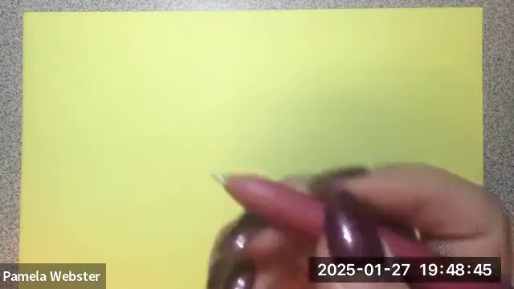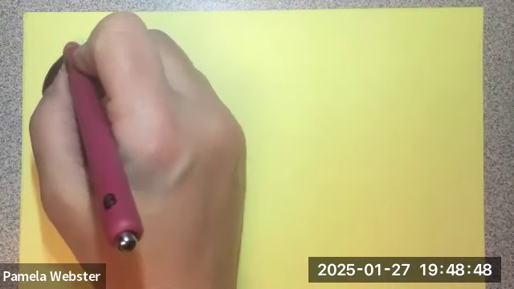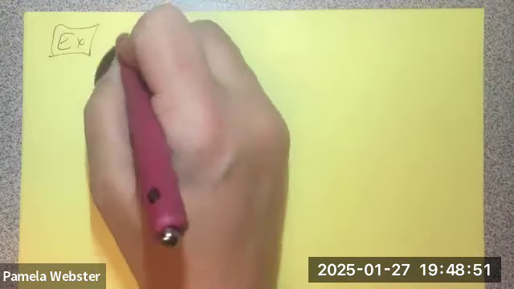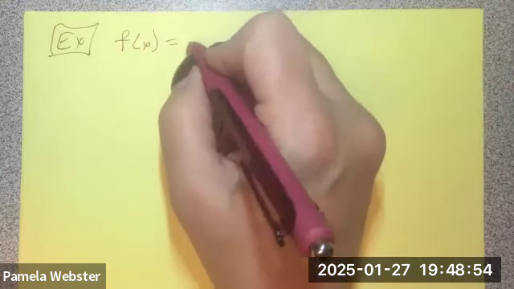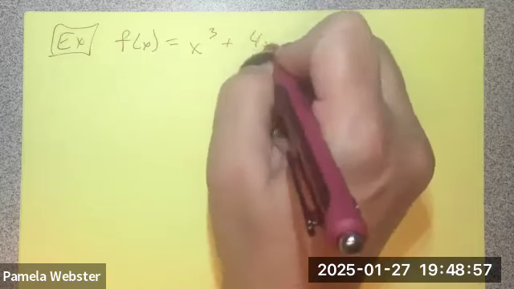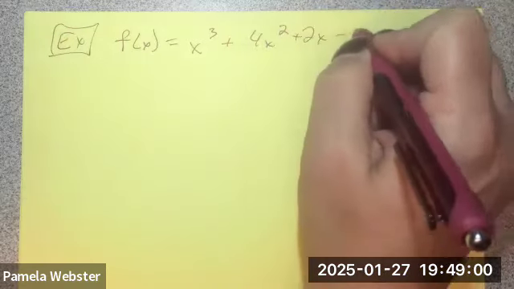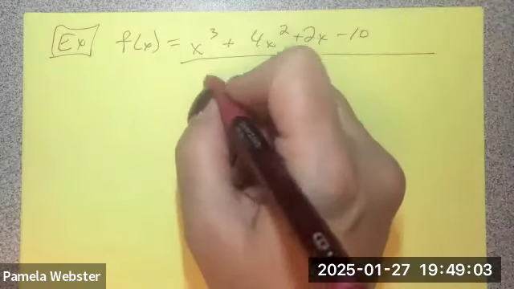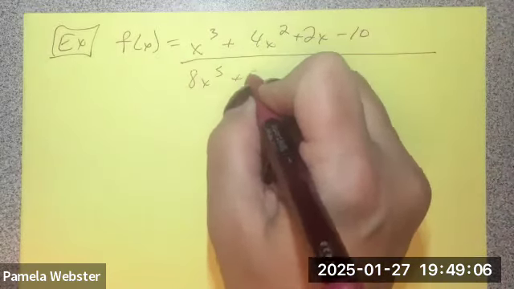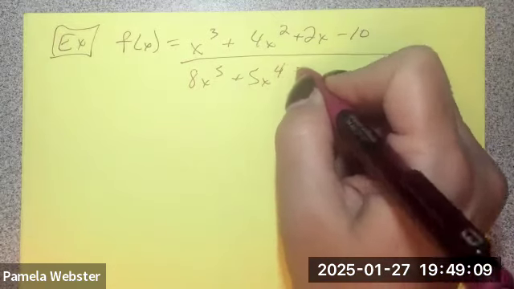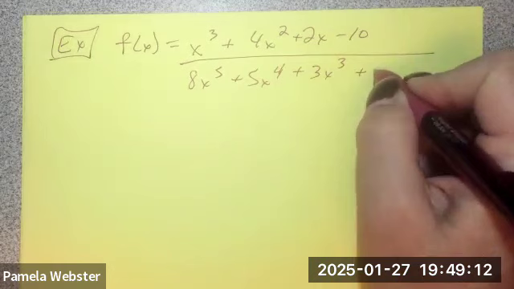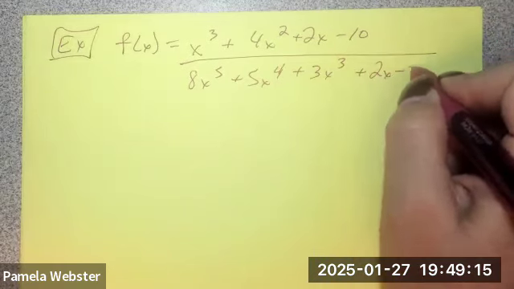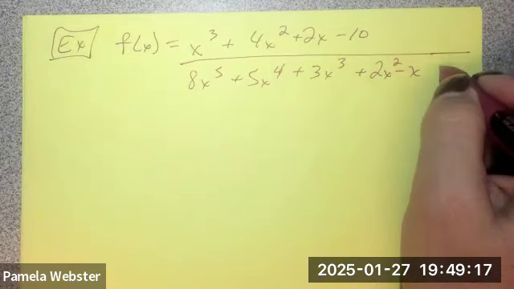Let's do one more of these. Let's just find the horizontal asymptote, because it's kind of ugly. I don't want you to find the vertical asymptote. I'm not worried about that. So here's your example. I've got a couple that are kind of ugly. x to the third plus 4x squared plus 2x minus 10 over 8x to the fifth plus 5x to the fourth plus 3x to the third plus 2x minus 2x squared minus x plus 8.